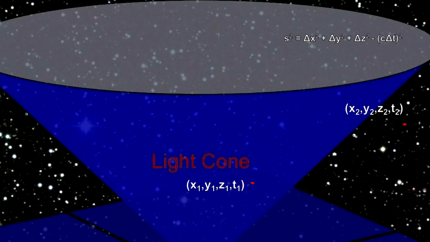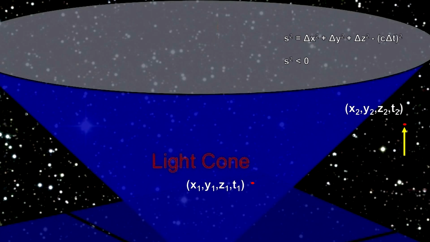The space outside the cone is called space-like. The proper time of the line connecting a point inside the cone with a point outside the cone will have a negative length. And like the boat example in our speed of light segment, where negative time simply meant that you could not get there from here, so the negative proper time simply means that you cannot get from one of these points inside the cone to the other point outside the cone.